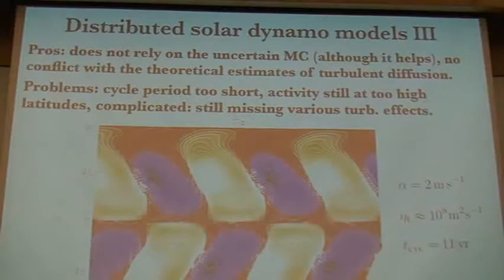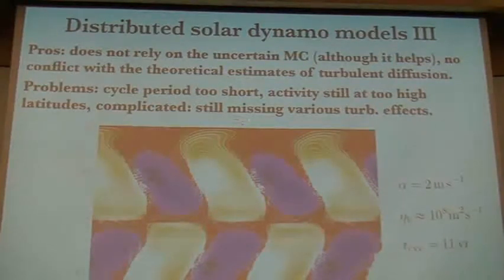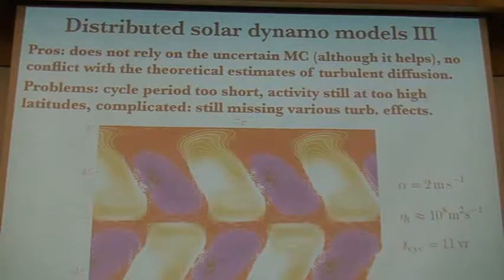And one more problem is that these models can be much more complicated, because we are still missing lots of these turbulent effects in these models. So the problem usually associated with these models is that they are very complicated. If you want to be really correct, then you have to include all of your turbulent coefficients. And then it's a huge mess.